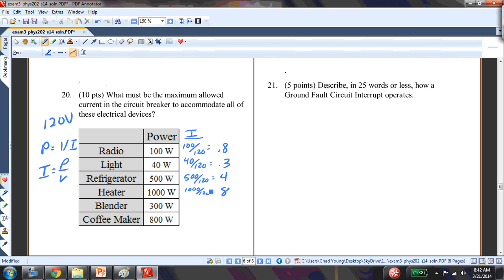300 over 120. 2.5, or you might round it up to 3. That would be fine. I get 6.7. And then if I add all those up, I get the total current.